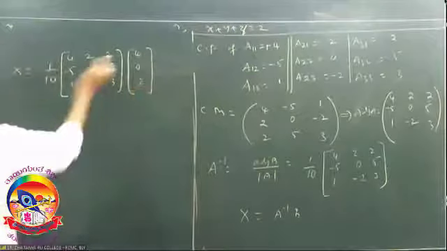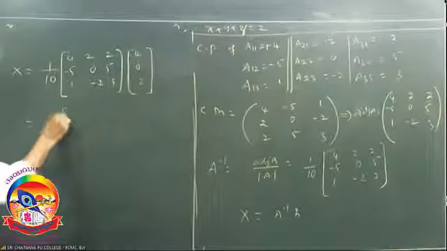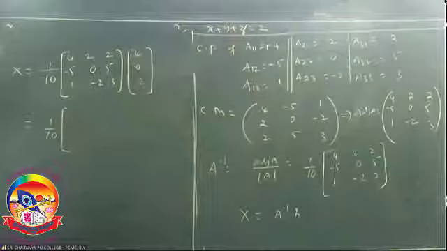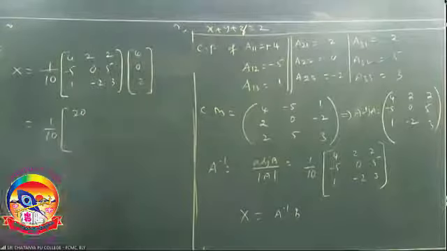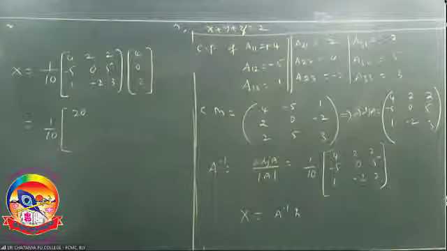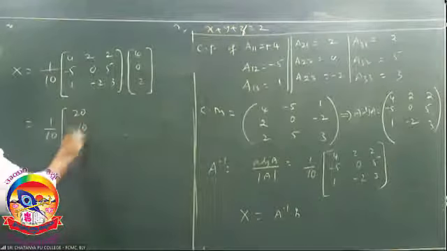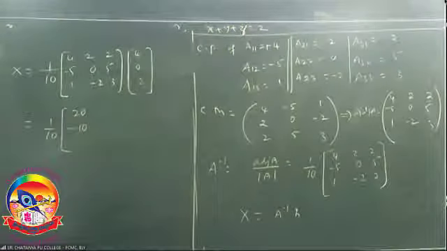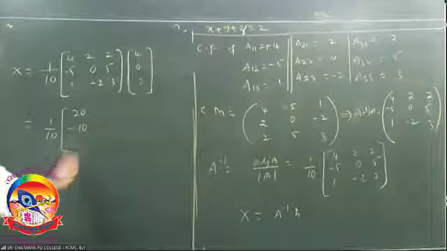Multiply them and you are going to get the answer. 16 plus 0 plus 4 equals 20. Minus 20 plus 0 plus 10 equals minus 10. So 4 plus 0 plus 6 equals 10.